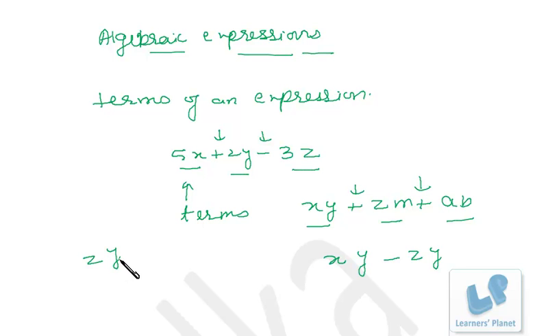So you have to be careful that the terms should be separated by plus and minus only, right? If I write 5x or only 2y, they will be just one term. 5x is just one term, 2y is one term, similarly xy is one term. Okay, so these are the terms of an algebraic expression.